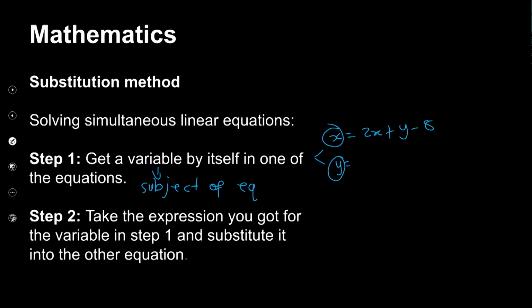Then this will not make sense, because it means x is no longer on its own because I have x on both sides. Similarly with y, I can't say y is equal to 2y minus 3x plus 5, right? I must make sure that everything that has y is on one side. Everything that has x is on one side if I'm choosing x.